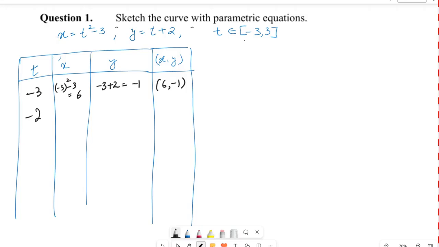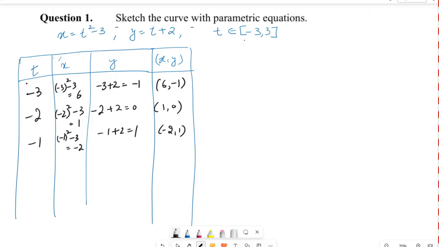Let's try -2. (-2) squared minus 3 is 4 minus 3, which is 1. And -2 plus 2 is 0. The point is (1, 0). Let's try -1. (-1) squared minus 3 is 1 minus 3, which is -2. And -1 plus 2 is 1. The point is (-2, 1).